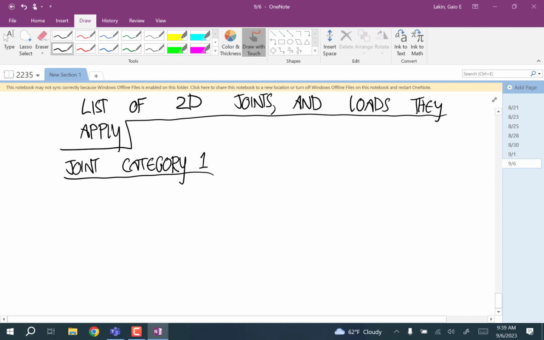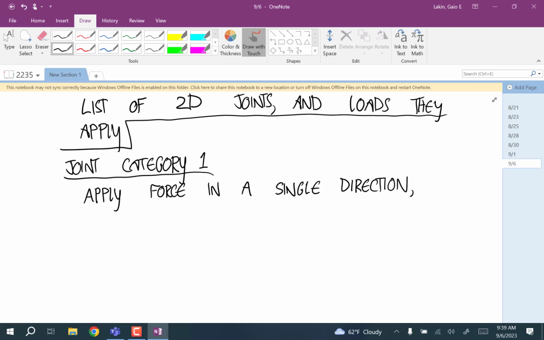These are joints that apply a force in a single direction. And because all they apply is a force in a single direction, they introduce 1 variable into Newton's laws.